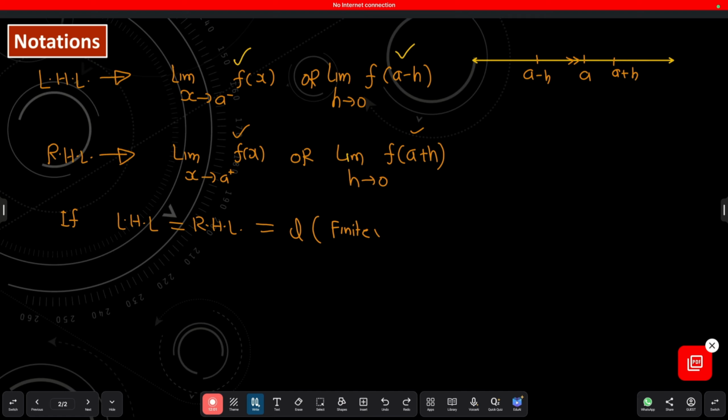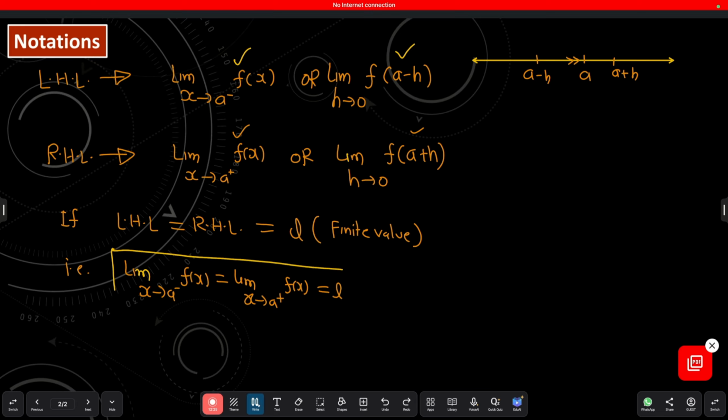A finite value, not infinite. Then we will say the limit exists. That is, whenever limit x tending to A minus f(x) equals limit x tending to A plus f(x) equals L, and L is a finite number, then we will say the limit exists.